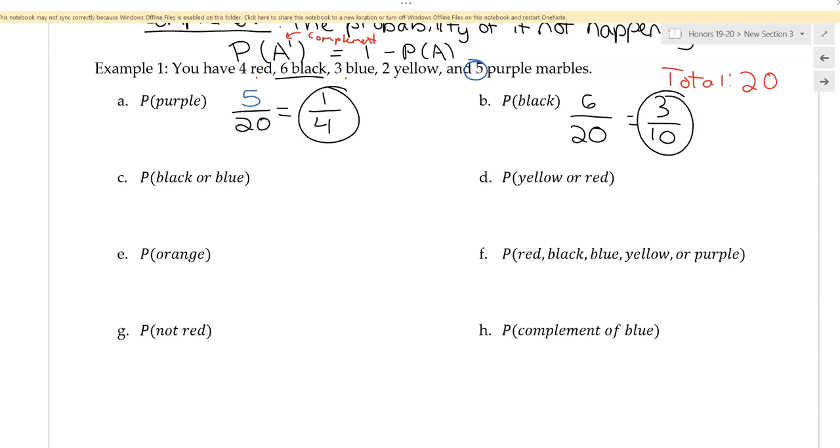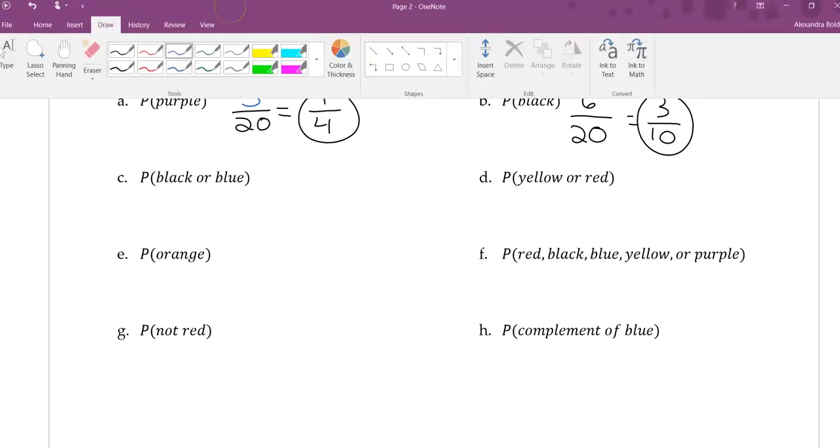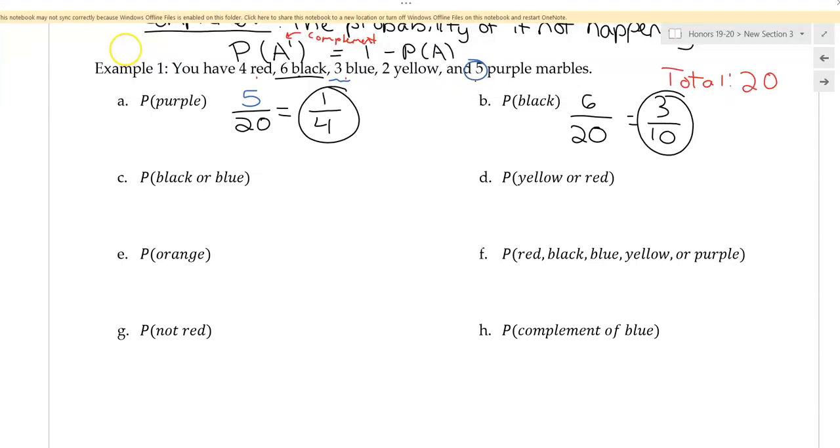Ooh, now I can choose black or blue. Well, if I have 6 black and 3 blue, sorry, that was purple, then between my black and blue, there's 9 out of 20, and that does not reduce.